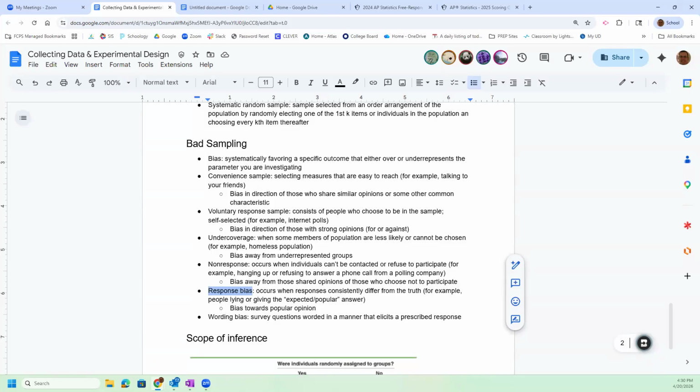And then wording bias. I use the same example of wording bias all the time. Let me ask a question for all of you. Do you think the government should restrict your constitutional rights? Most people say no, right? Okay. In light of all the school shootings we're seeing, do you think there should be stricter gun control laws?